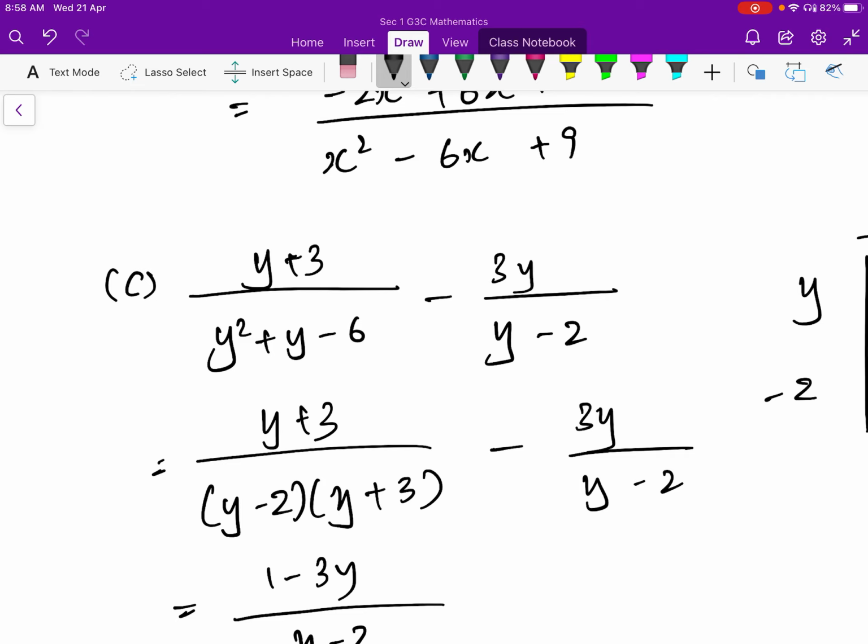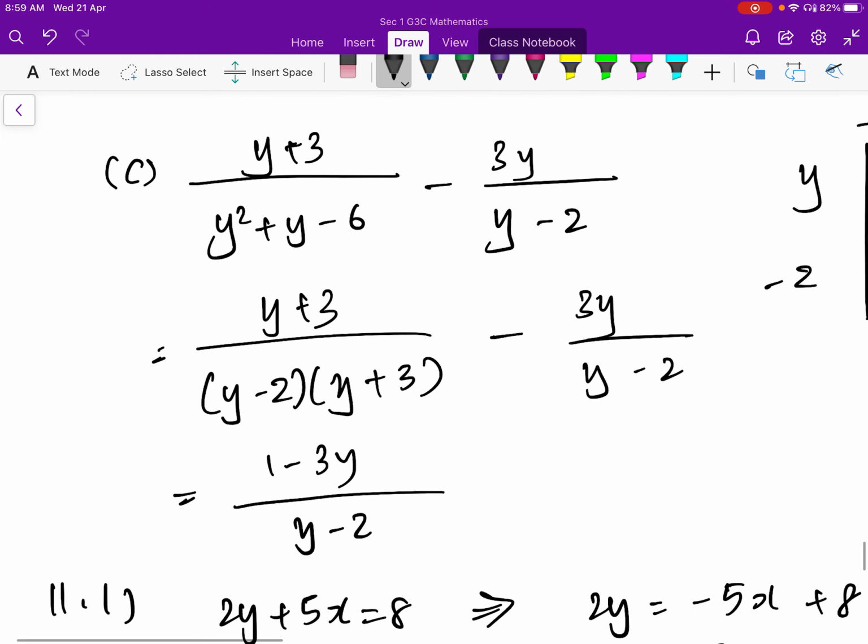Coefficient of y squared is 1. Coefficient of y is 1 again. The last one, constant value is negative 6. Your calculator shows 2. So you write y minus 2. Next, your calculator is going to show negative 3. So you write y plus 3. Switch the signs. And turns out, y plus 3, we can cancel them.